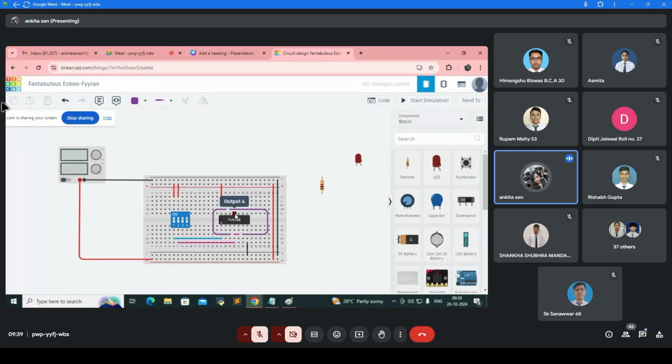Output. For output, what do we have? The resistance. Correct.